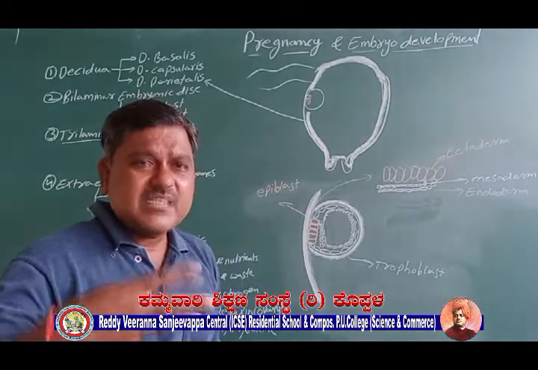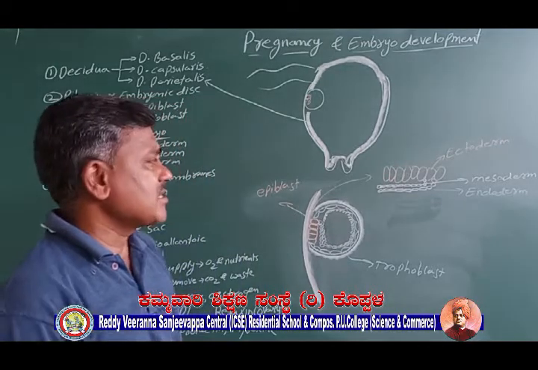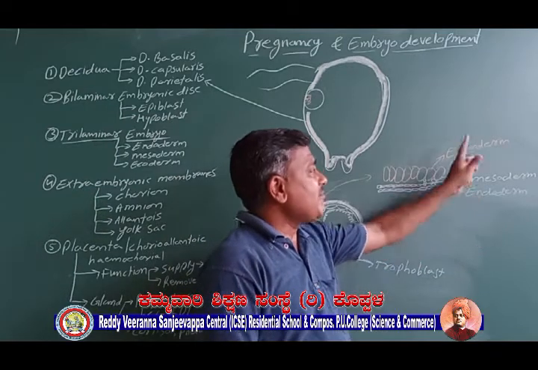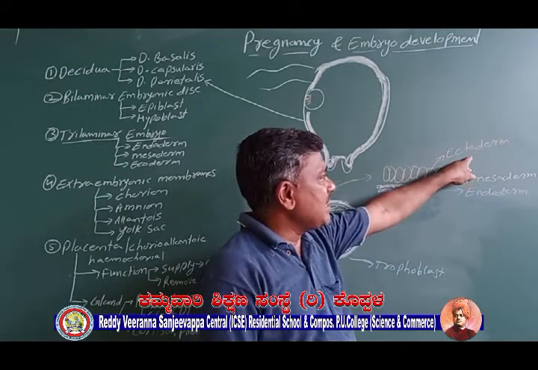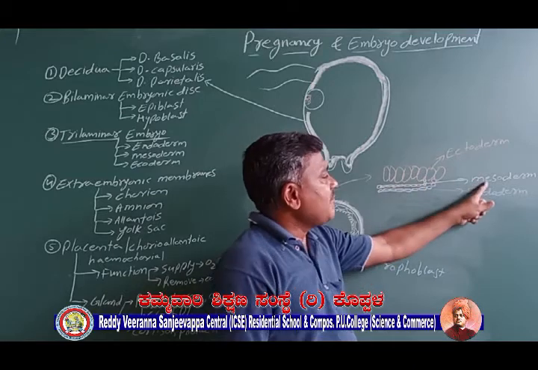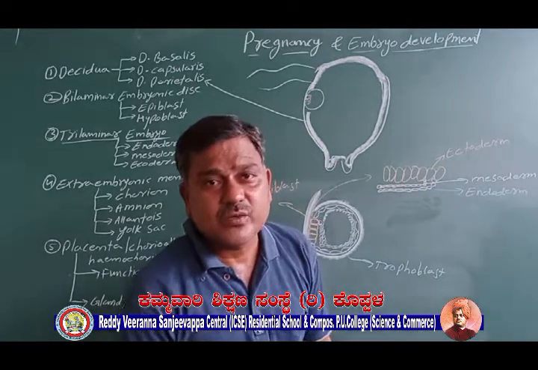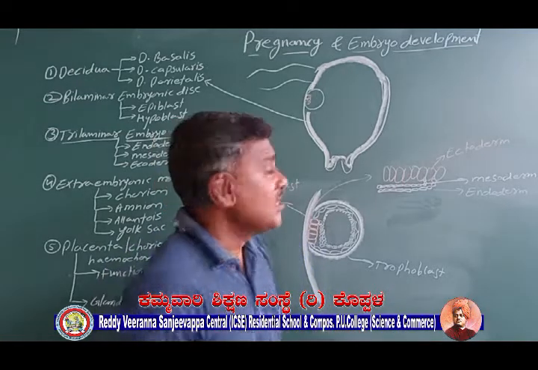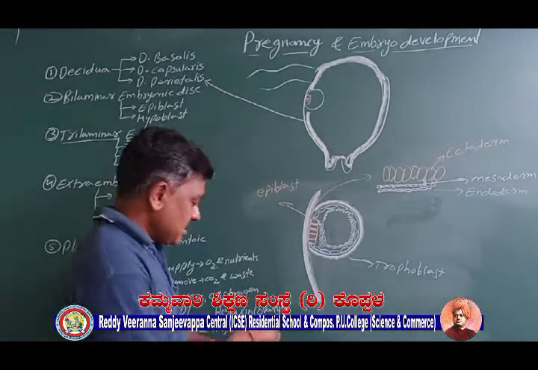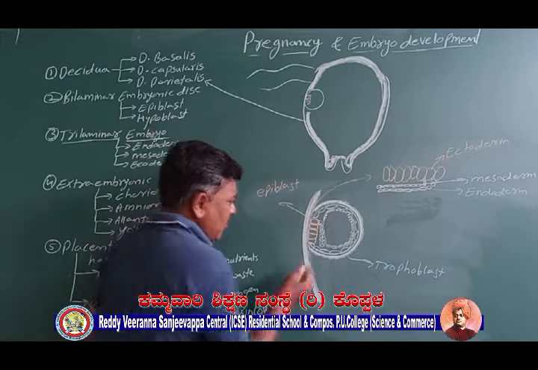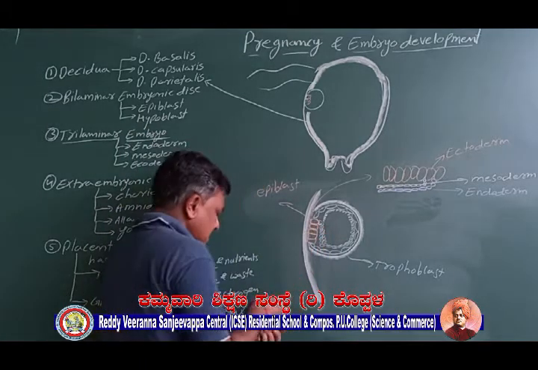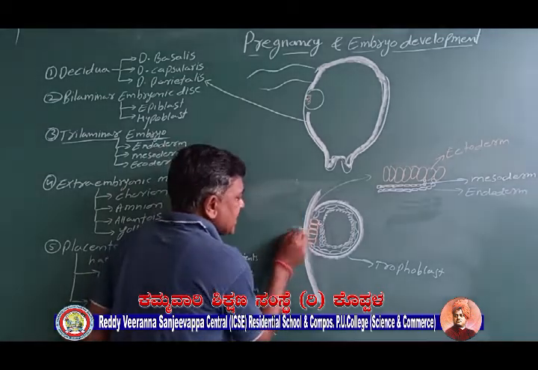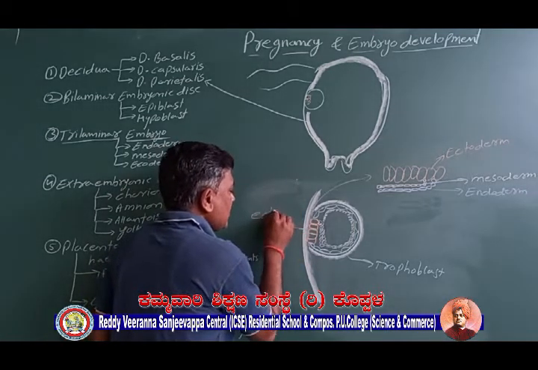Clear? How many germ layers? There is formation of 3 germ layers. The first formed germ layer is endoderm, the second formed is ectoderm, and the third formed is mesoderm. If I want to draw here, this is acting as ectoderm. Now it is not an epiblast, it is acting as ectoderm.